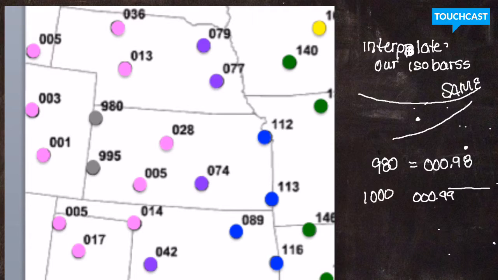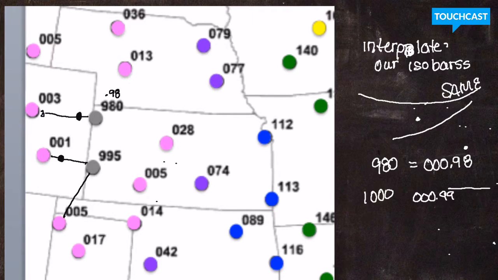So first we got to start estimating. So here we're in between 3 and 0.98. And so we got to question ourselves, where does 0.9999 fit between those 2 points of data? So it's going to be closer to the 0.98. Same thing here, but it's going to be closer to the 1.